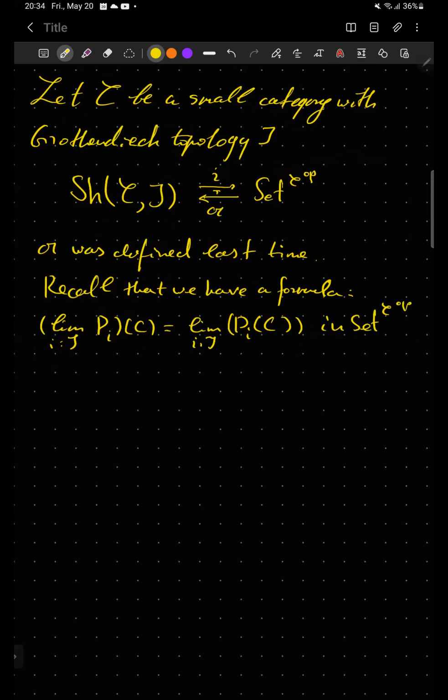Last time we have shown that the category of sheaves is closed under small limits, and they're preserved by the inclusion functor, as the inclusion functor is right adjoint.